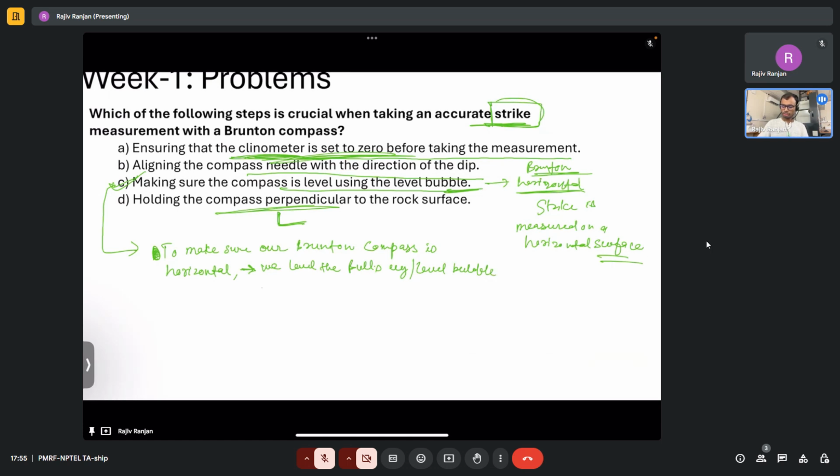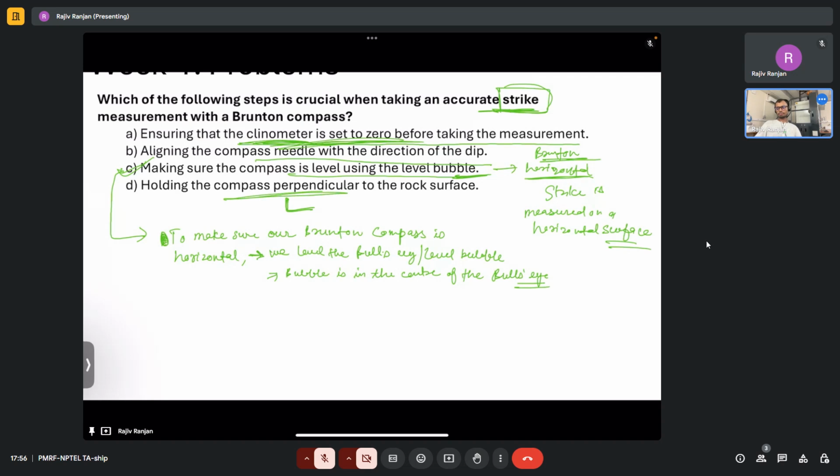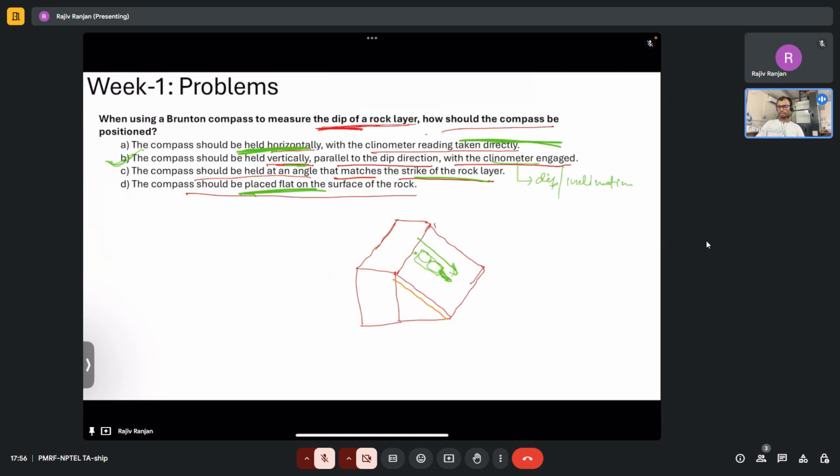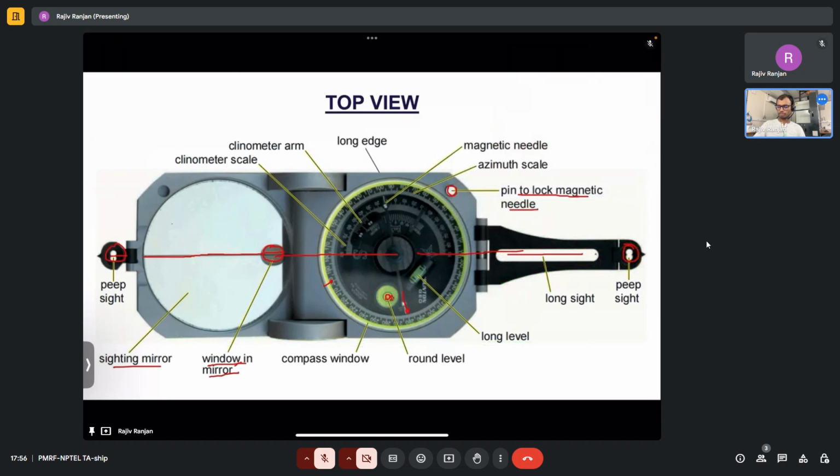So make sure the bubble is in the center of the bullseye. Okay, like this. This is the center.